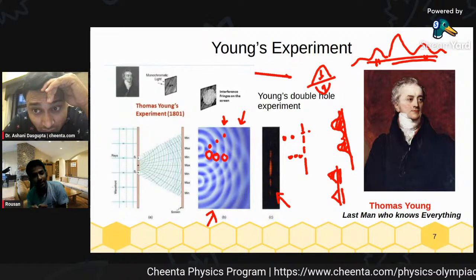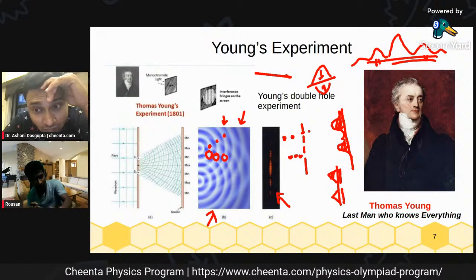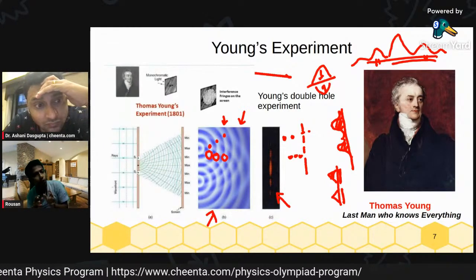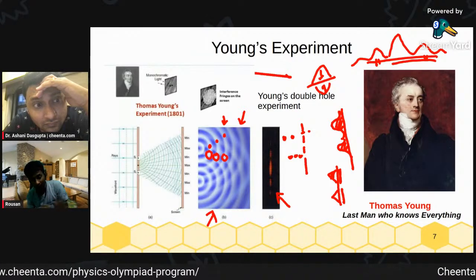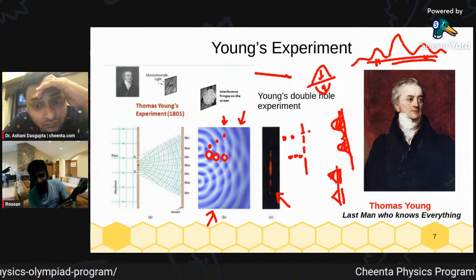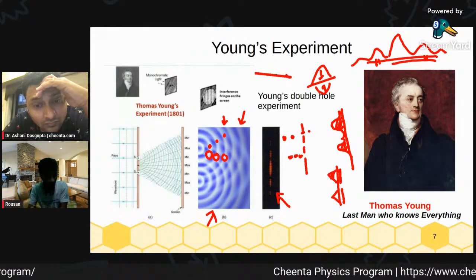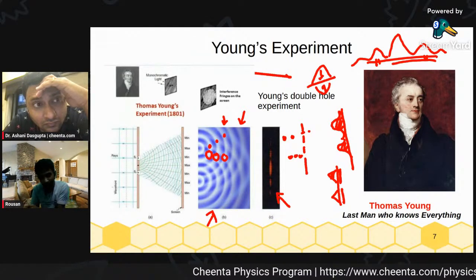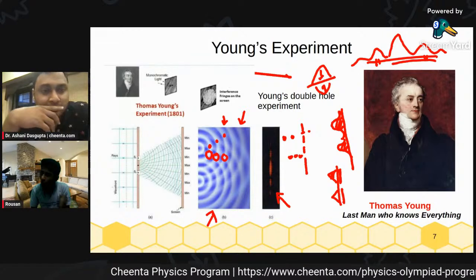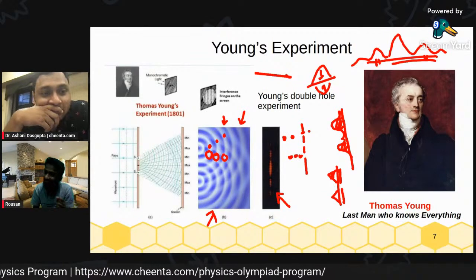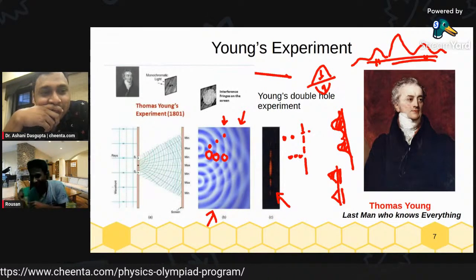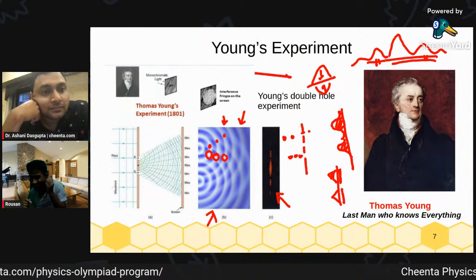We have to understand that this whole phenomenon is only possible for whatever thing you are doing Young's experiment with. Maybe it is water, maybe it is oil, maybe it is light, or maybe, a little bit of a spoiler, electrons, which we will talk about maybe in the next session.